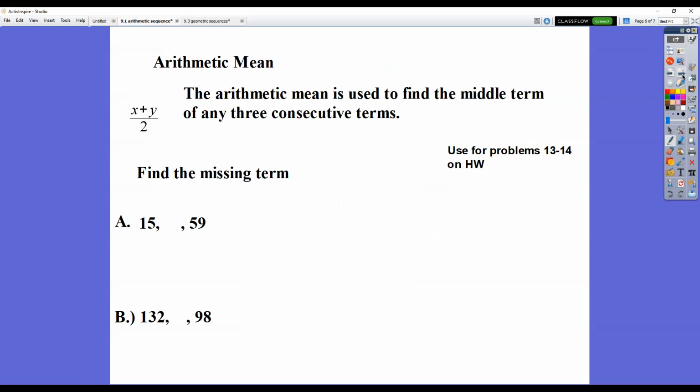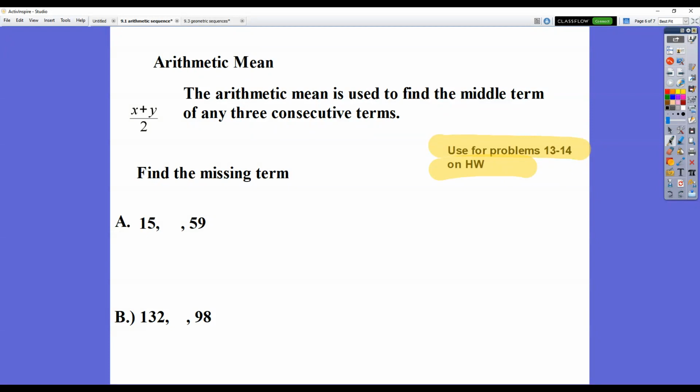Arithmetic mean. So when you're given a sequence and you don't know what the middle term is, you find the average. Okay? Add the two numbers together, divide by 2. That's how we find the missing term. And you're going to use this for problems 13 through 14. Okay?